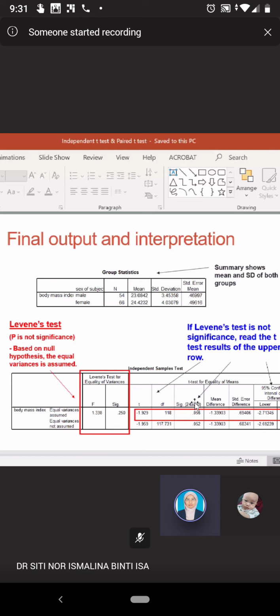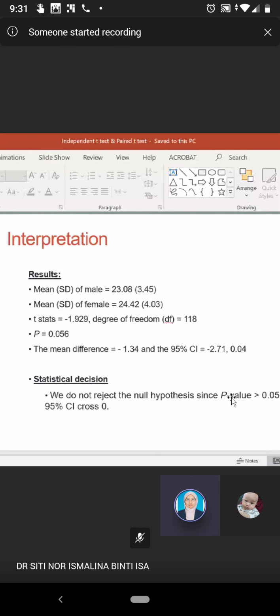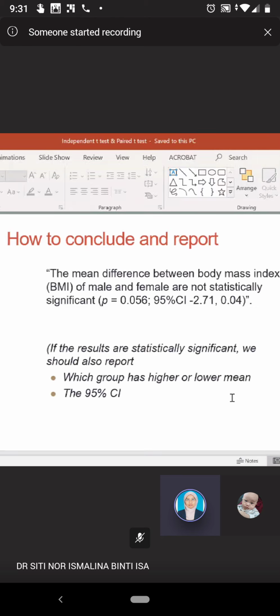The t-test for equality of means here is not significant, so we do not reject the null hypothesis that there is no significant difference of BMI between male and female. Maksudnya tidak ada perbezaan yang signifikan BMI antara male and female.